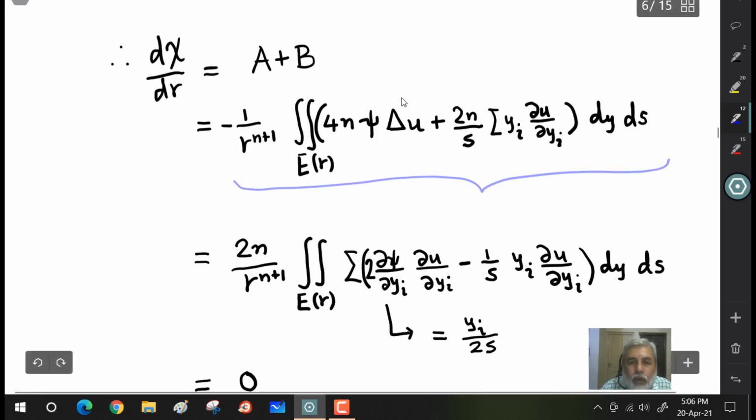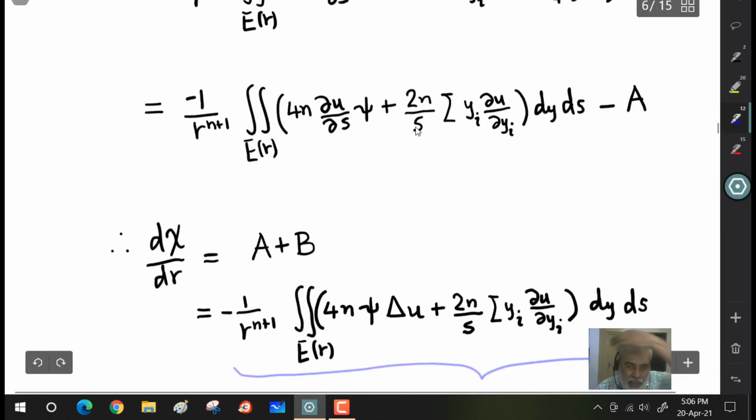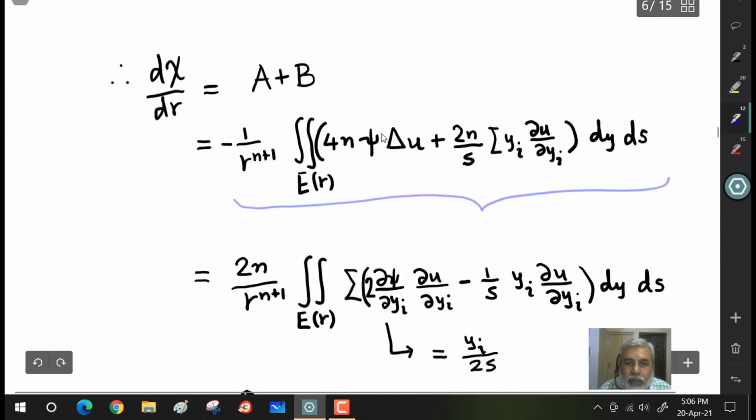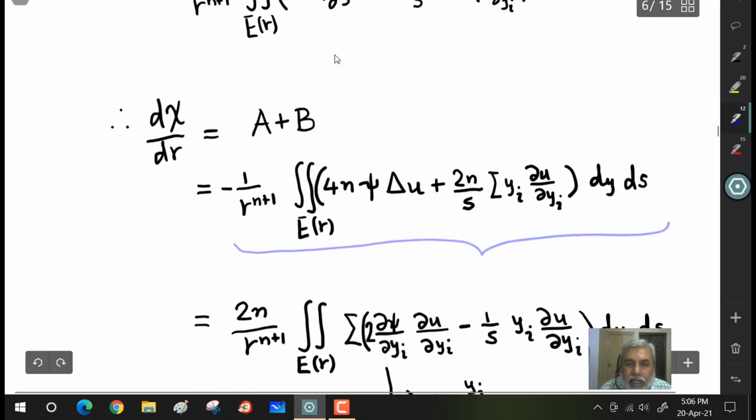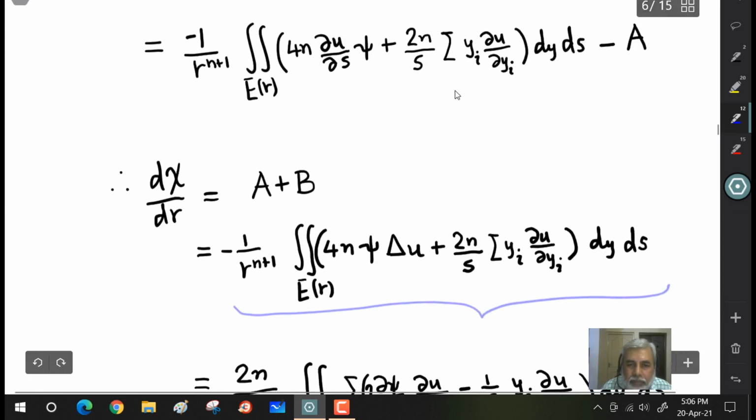Okay, and so far we have not used that you satisfy the heat equation, so this is for the first time we are using. Okay, so this del u by del s is replaced by this.